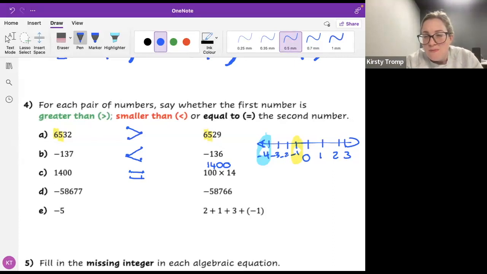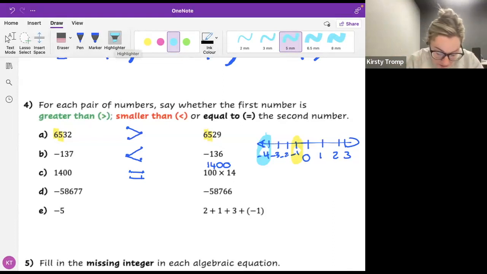All right. My next one, which one is bigger? Negative 58,677 or negative 58,766? I'm going to help you out a little bit quickly. I know that they're both negative, so that's great. The 5's not going to help me because I've got a 5 there. The 8's not going to help me because I've got an 8 there.